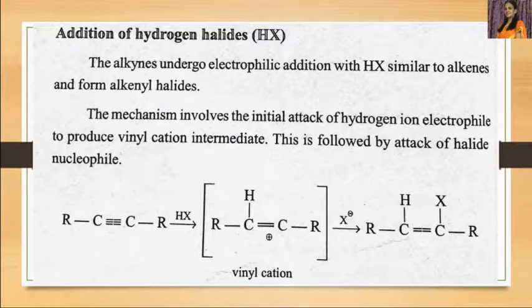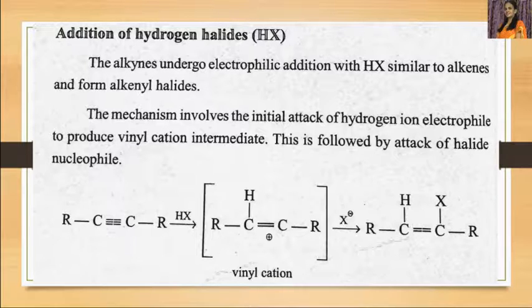CH bond, a new sigma bond is produced, a pi bond is broken, and this adjacent carbon to the CH bond suffers with a positive charge because it has only 3 bonds surrounding it. Therefore, it has a positive charge. Thus, it is a carbonium ion or cation, that is vinyl carbonium ion or vinyl cation is produced here.